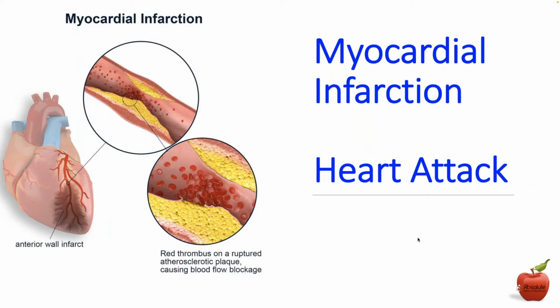It's a heart blockage. And if you look at the screen to the left, you can see in an artery right here, there is a blockage, and that caused an infarction. And when an infarction occurs, in this case, red thrombus on a ruptured arteriosclerotic plaque caused a blood flow blockage.